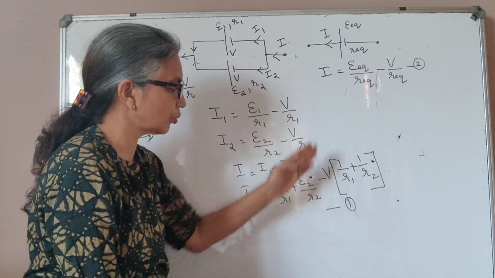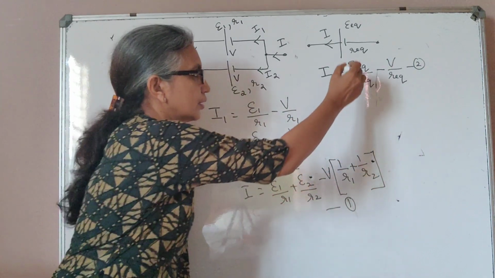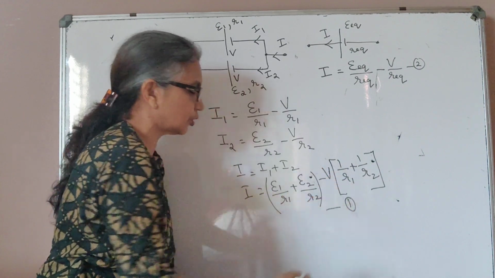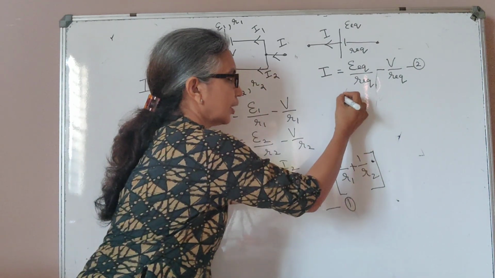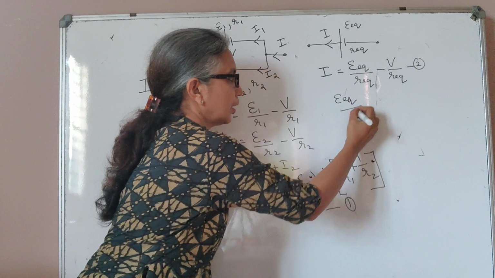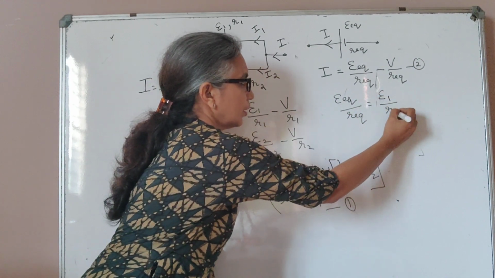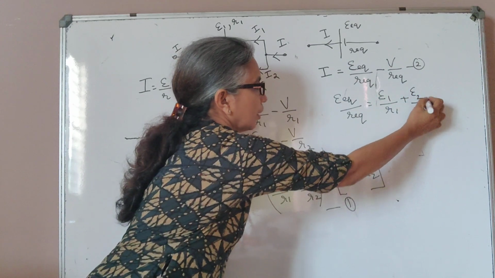So if I compare this equation to this, I should see that this E equivalent by R equivalent is E1 by R1 plus E2 by R2. So I may write E equivalent by R equivalent is equal to E1 by R1 plus E2 by R2.